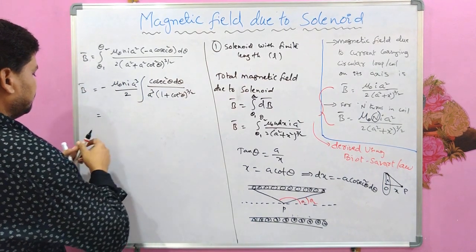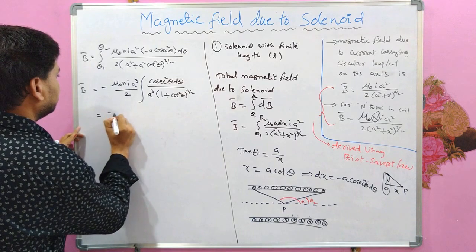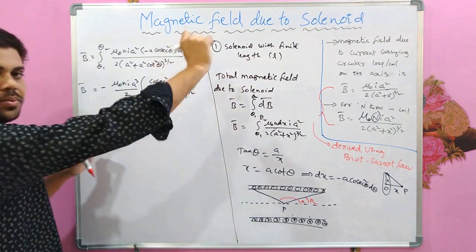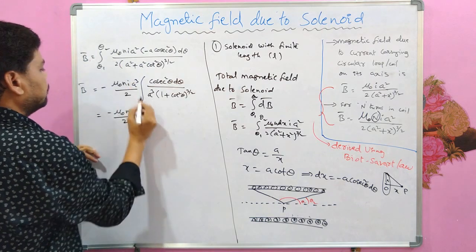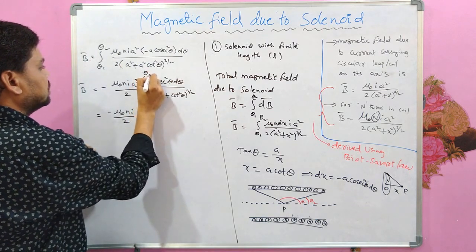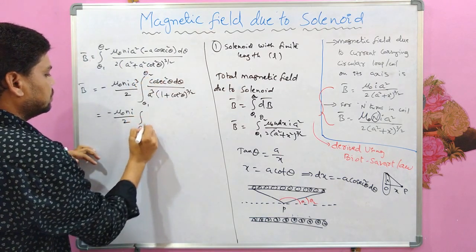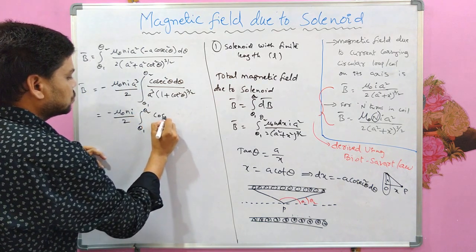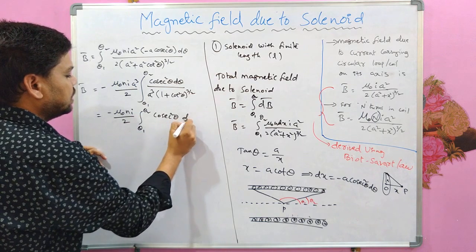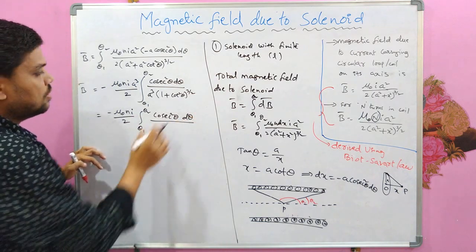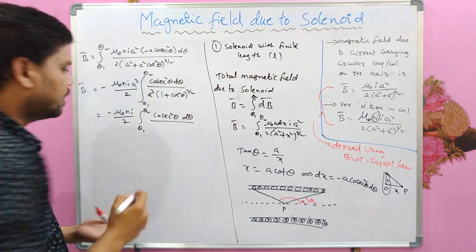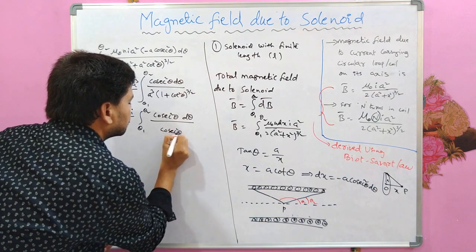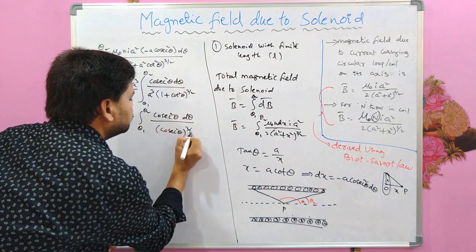We can write minus mu naught n I by 2. Sorry, I have to write limits also. Theta 1 to theta 2, cosecant square theta d theta by 1 plus cot square, which is again cosecant square theta, whole power 3 by 2.